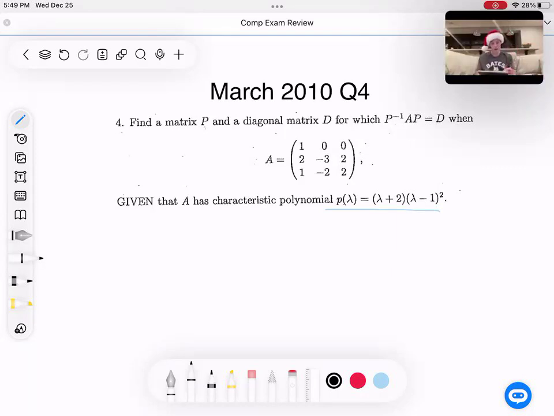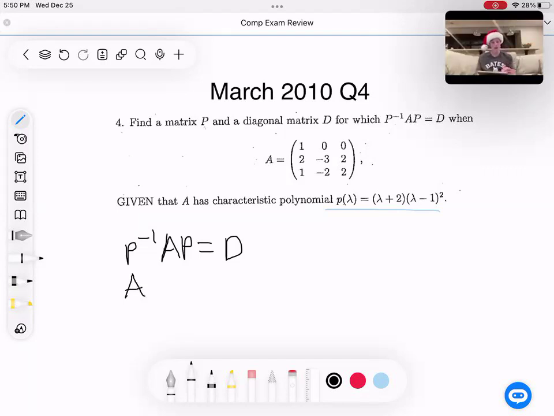So if you take a look at this equation, P inverse times A times P, I'm actually going to modify it a little bit because this is how I actually learned it. If we multiply both sides of the equation by P on the left and P inverse on the right, that will end up with A, because the P inverse and the P will cancel out.